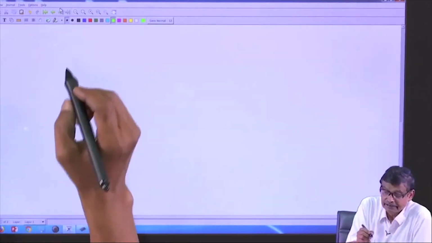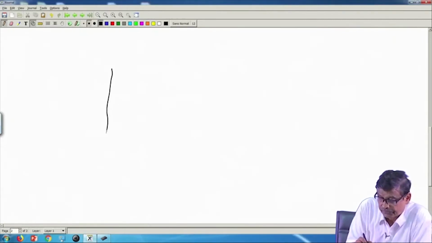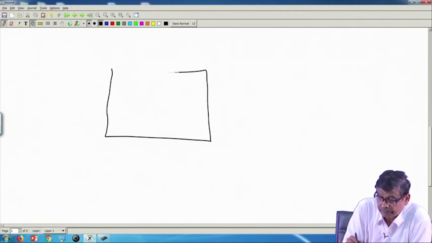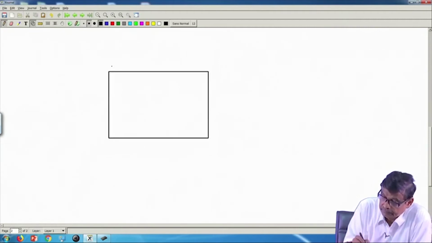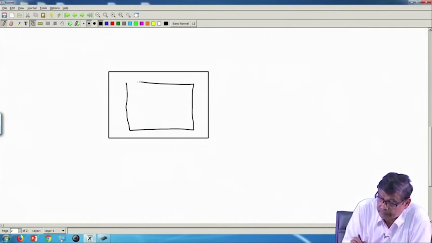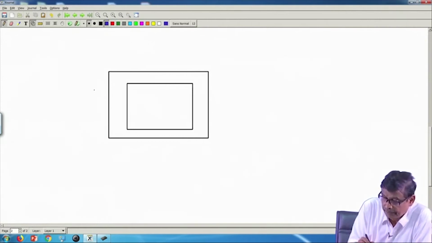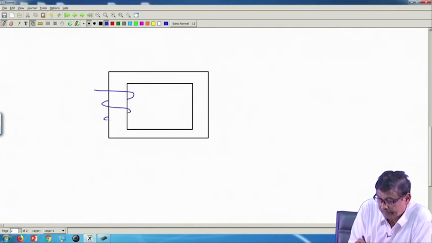If necessary, let me draw once again: the same coil with N1 turns.